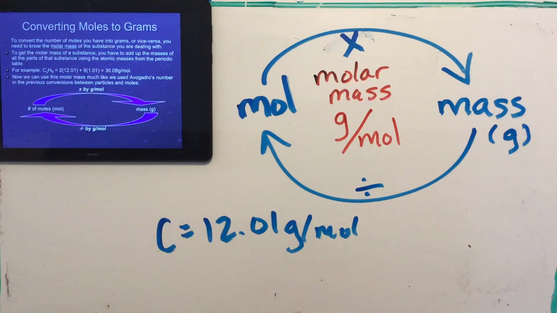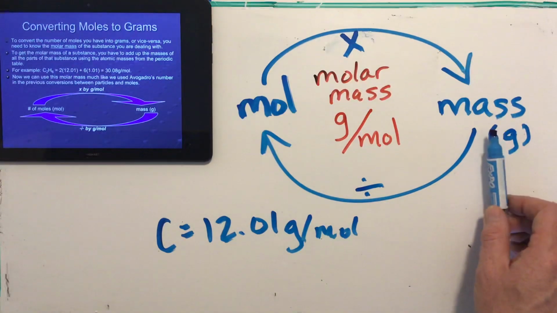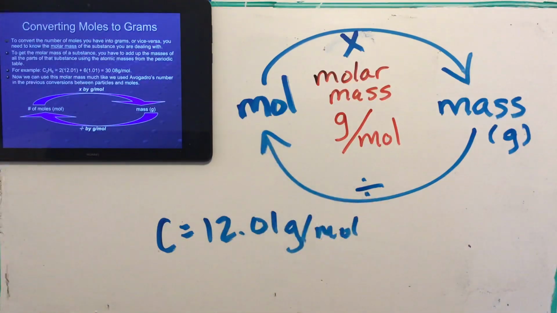And if I had a mass, let's say 24 grams of carbon, and each mole is roughly 12 grams, I would divide 24 by 12 and know that I have almost 2 moles, basically. All right? Kind of like our eggs, our individual eggs and our dozens that we talked about.